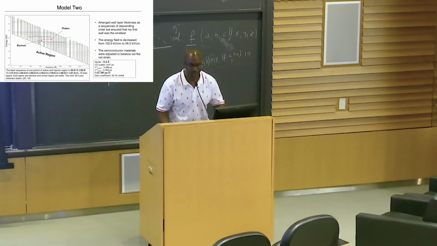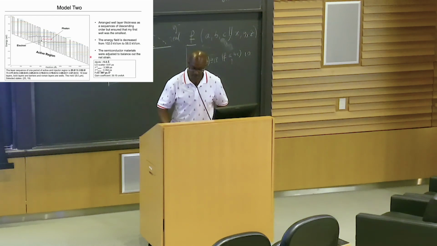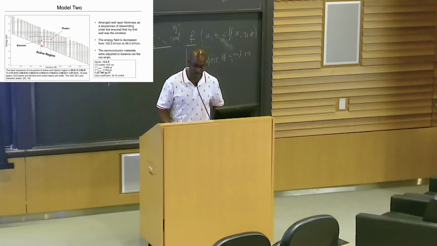I constructed the layers in sequential and descending orders, and I set my well layers. Here is particularly what they consider to be your quantum well layers. I made sure those layers were thicker than the rest of the layers. These are the active regions. These are the injector regions, where they're relatively smaller, and I did that purposely.